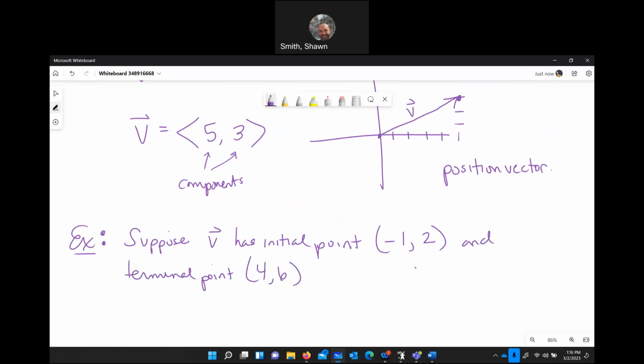What is the position vector v? As its component form a comma b.